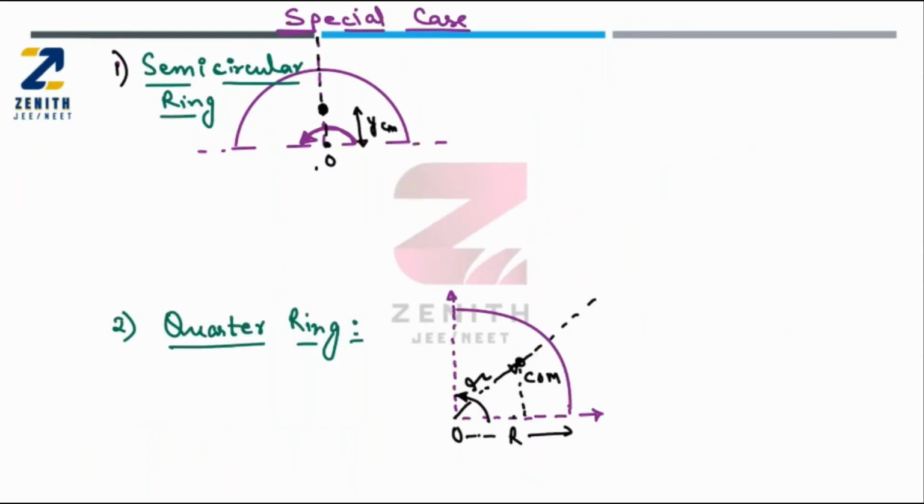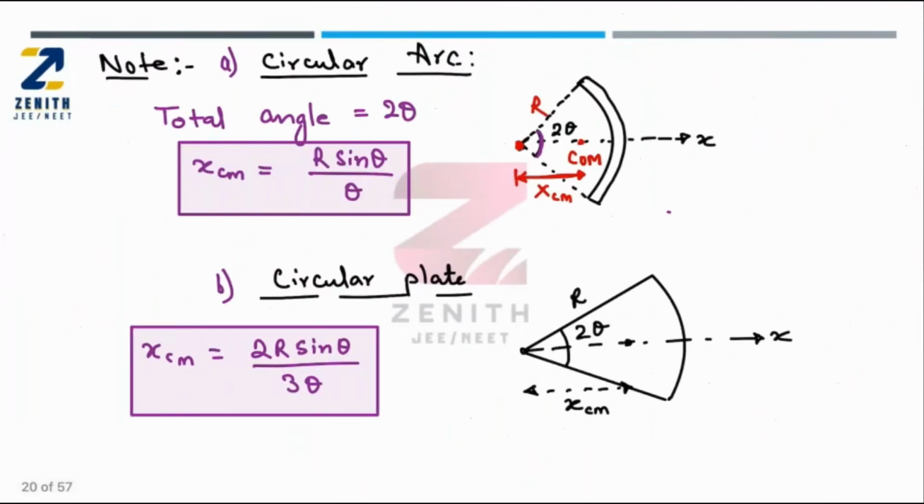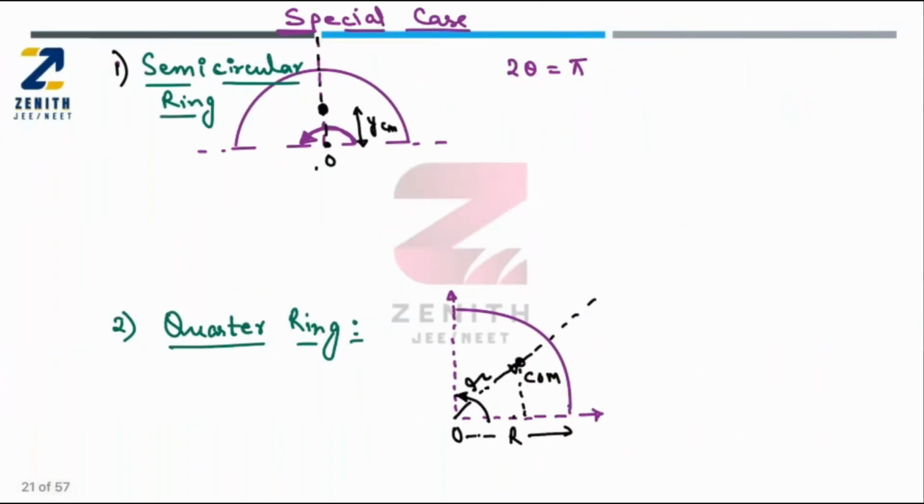Semicircular ring. That means for a semicircular ring, can I say the 2 theta value is pi? So I have taken the 2 theta from the extreme end. If this 2 theta is pi, then it will become a semicircle. So 2 theta is pi, that means the theta value is pi by 2. And the x center of mass, in this case, will become y because the axis of symmetry is y.